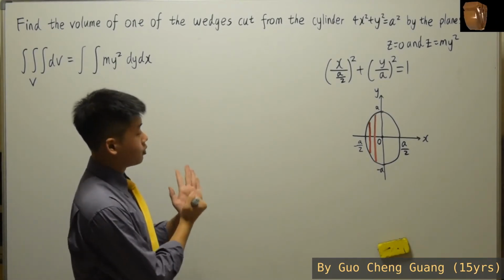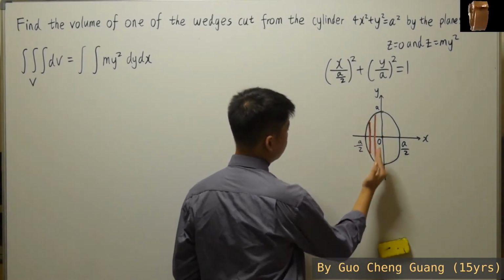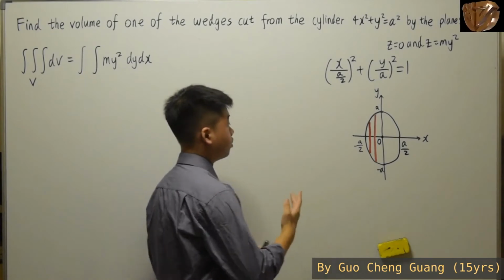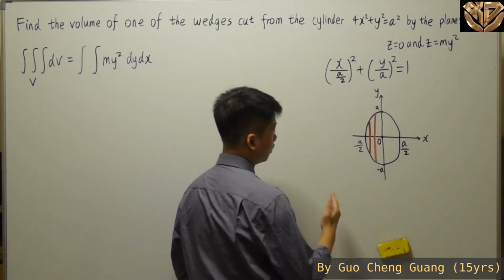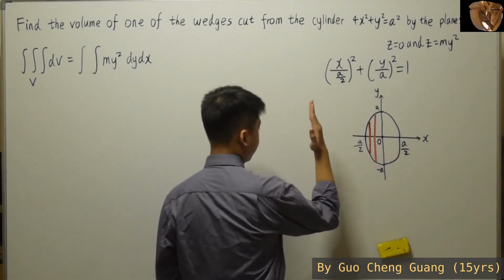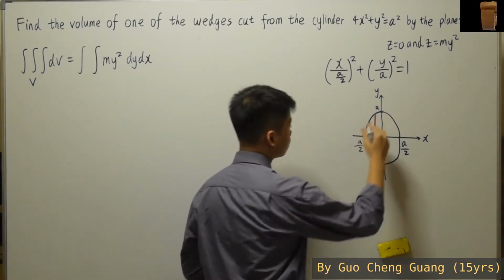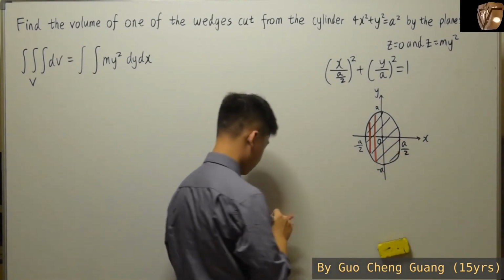And then when you integrate with respect to y, you will have one of these pieces here, and you integrate upwards. And after you find each of these bands, then you will integrate with respect to x. We're going to have to add up all of these bands by bands, alright? So this entire thing is the area that we're going to have, right?